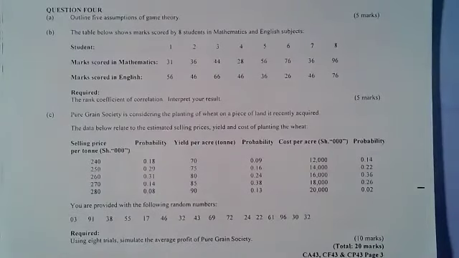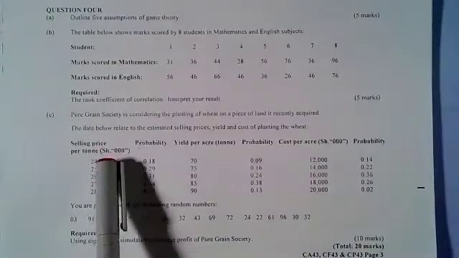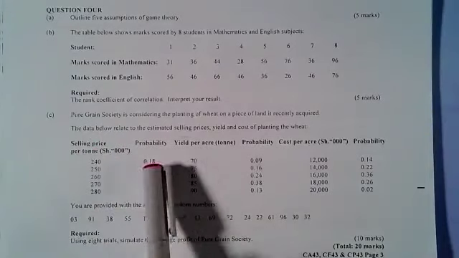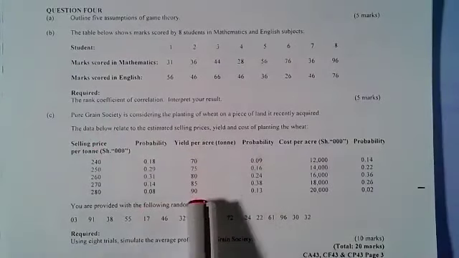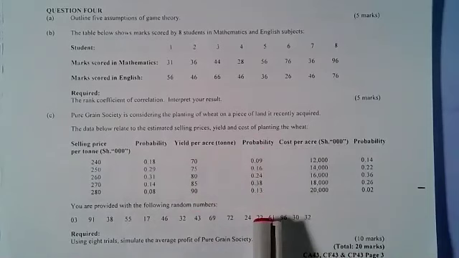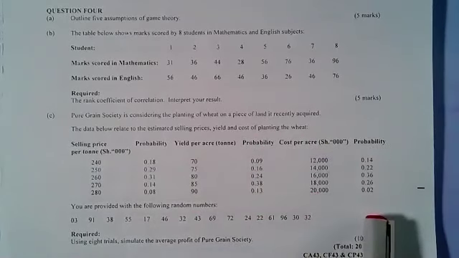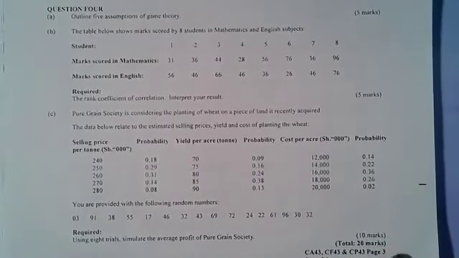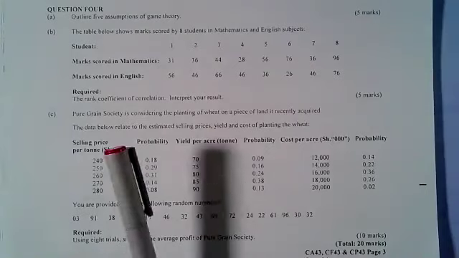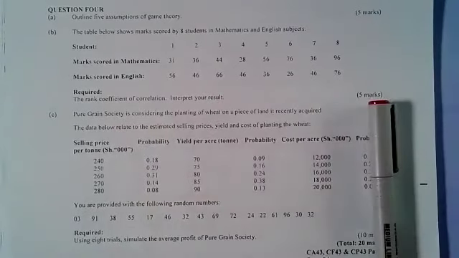The data below relate to the estimated selling price, yield, and cost of planting wheat. There are only 3 variables. So you have the selling price per ton, probability, yield per acre, probability, cost per acre, probability. So that means also you prepare 3 Monte Carlos because we have 3 variables.